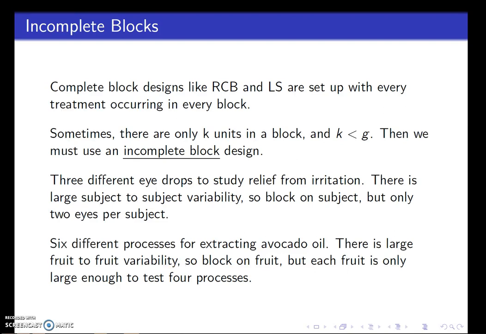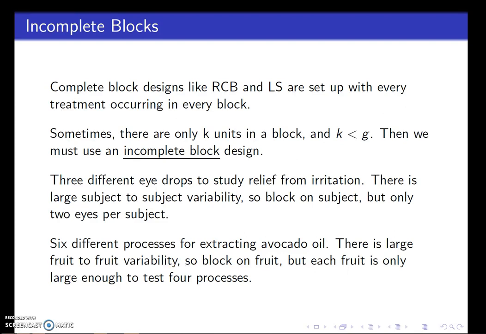So instead, I want to move on to incomplete blocks because this is really important and something that happens all the time just because of physical and space and time and other limitations that have to do with real life. Okay, so complete blocks like randomized complete block and the Latin square, again, have every single treatment level occurring in every block.